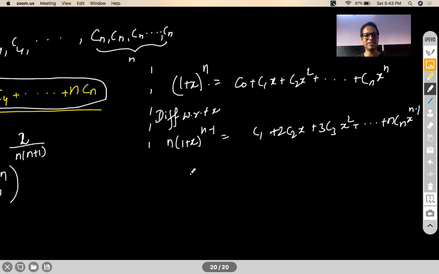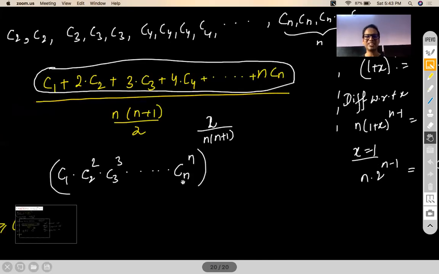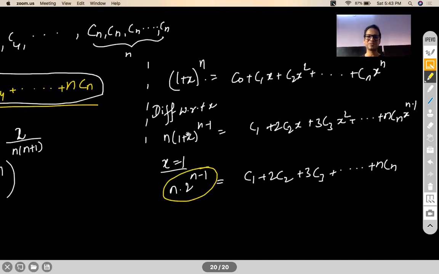Put x as 1, you get n into 2 to the power n minus 1 as C1, 2C2, 3C3 till n Cn, right? So this fellow is n into 2 to the power n minus 1.